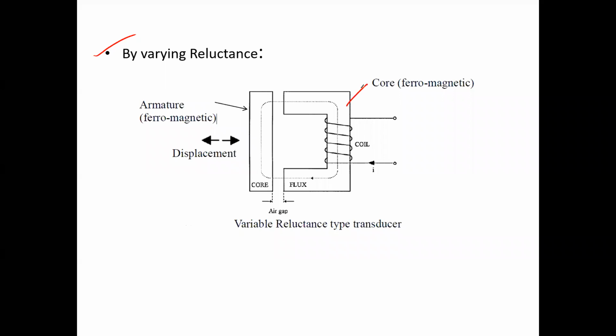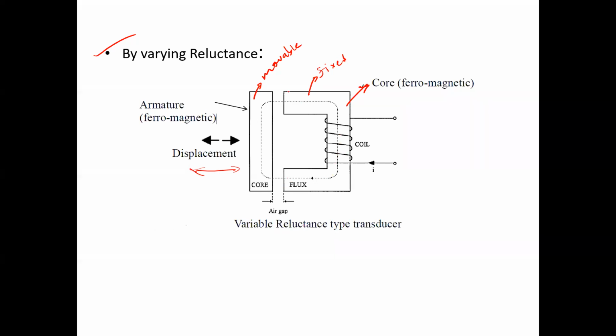Here, first of all, a ferromagnetic core material is shown, over which the winding of the coil is done. Now, the ferromagnetic core is separated into two parts. One is the fixed portion, another one is the movable portion or the armature. The movable armature can be linearly displaced back and forth or left to right, and depending upon that, the reluctance of the magnetic path will change.